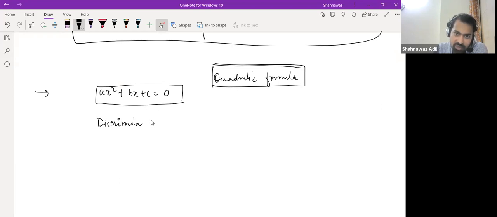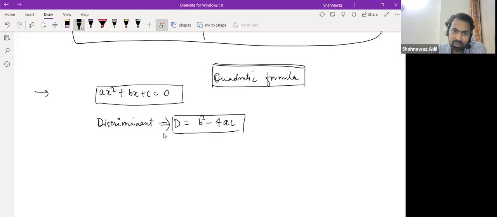discriminant, which is represented by D. D is equal to b square minus 4ac.